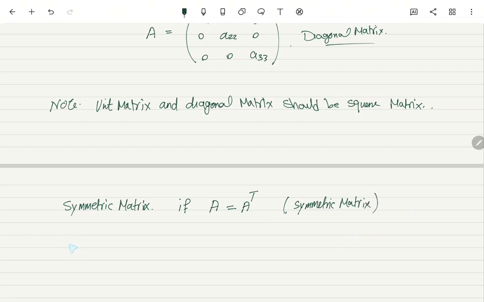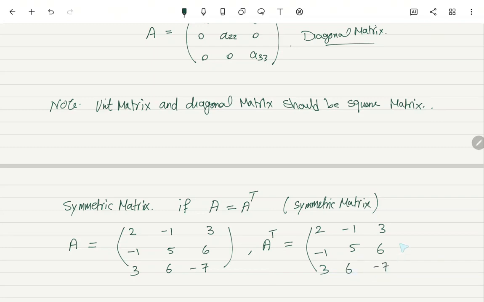Example, A equals 2, -1, 3, -1, 5, 6, 3, 6, -7, and A transpose, in this case, equals 2, -1, 3, -1, 5, 6, 3, 6, -7.